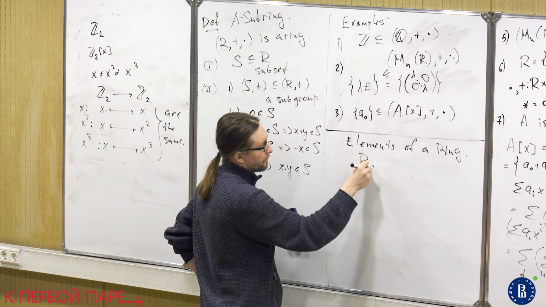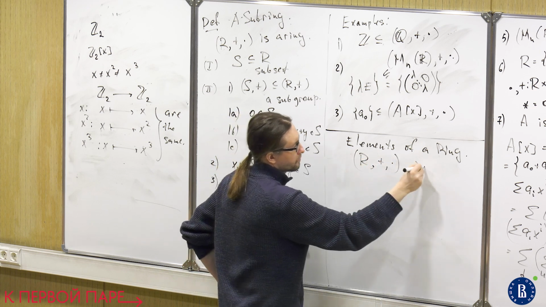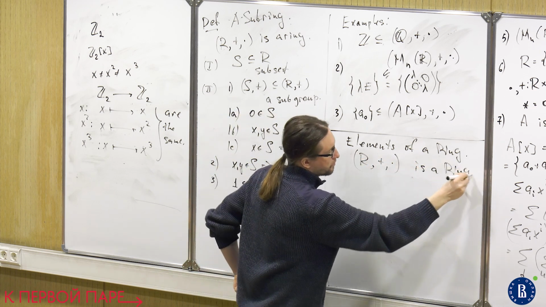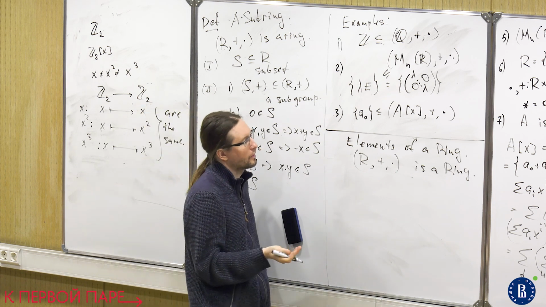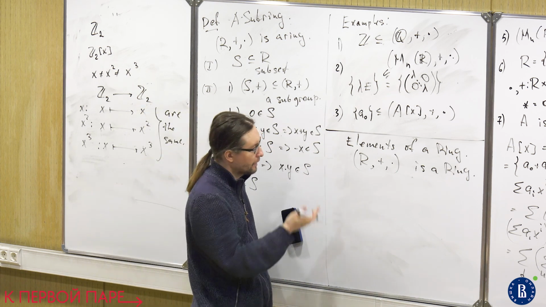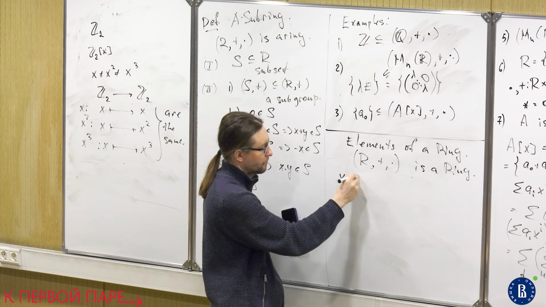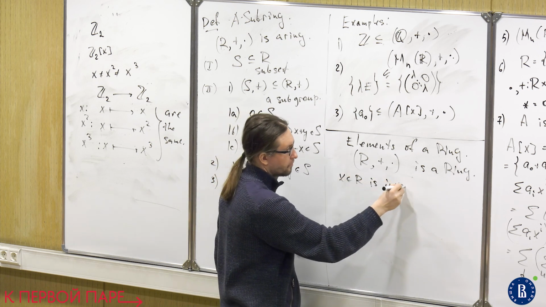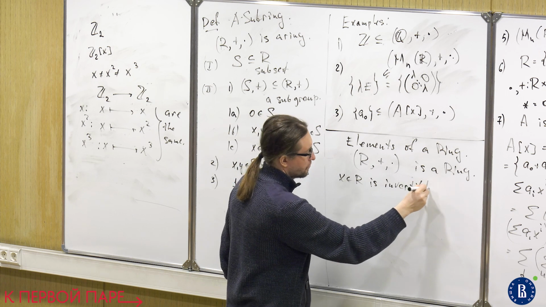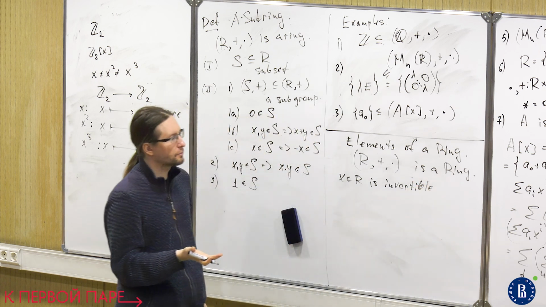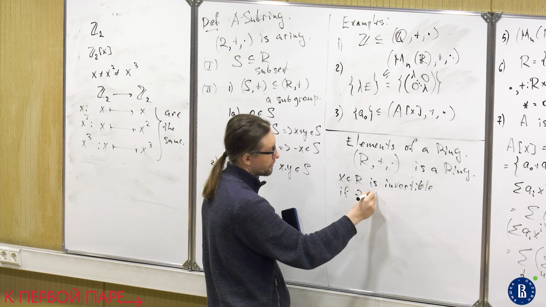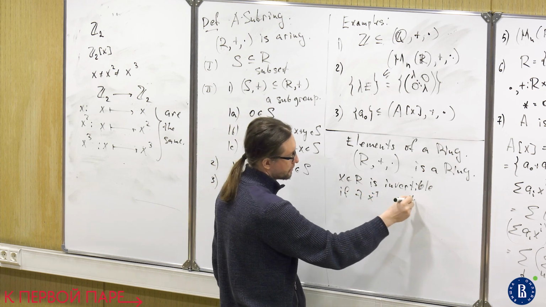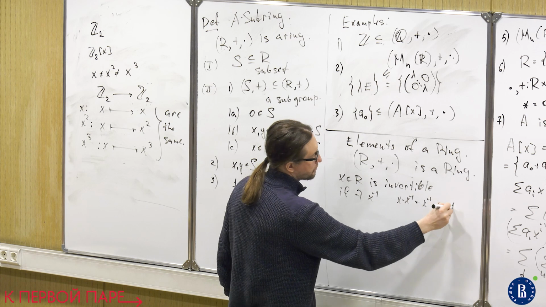So what kind of elements do we have in a ring? Well, suppose we are given a ring. Then we will say that an element x is invertible in R if it's invertible with respect to multiplication, so if there exists an element x inverse such that x times x inverse equals x inverse times x equals 1.